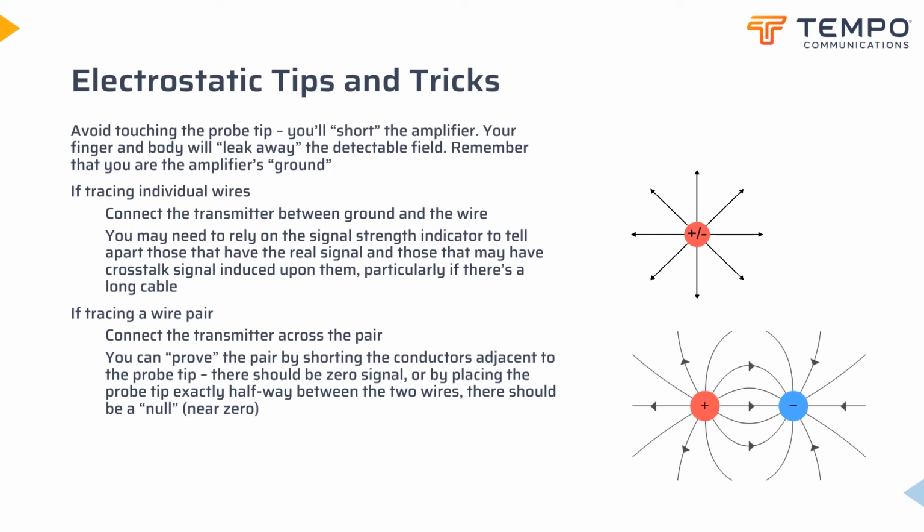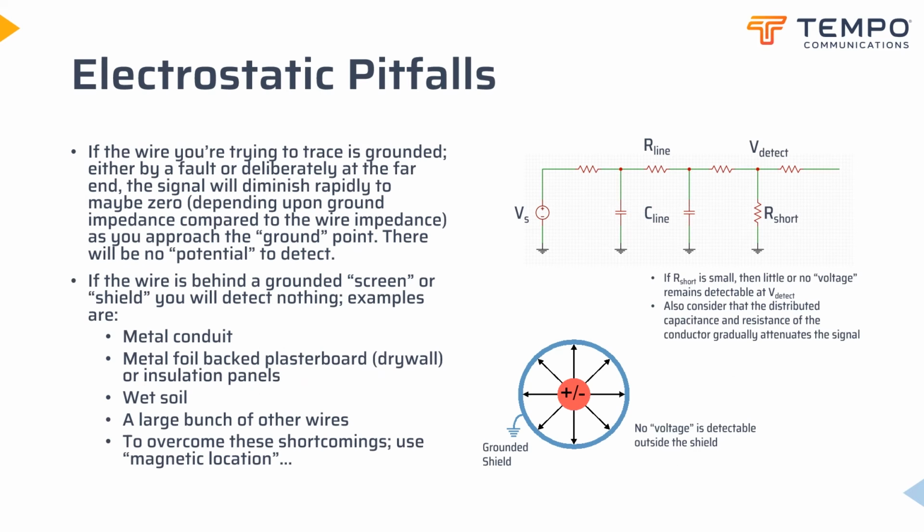When tracing a wire pair, particularly if that is a twisted pair, provided you connect the tone generator across that pair, then there should be a null detectable between the two wires. Ground is ground and therefore zero. You are approximately at ground potential too.